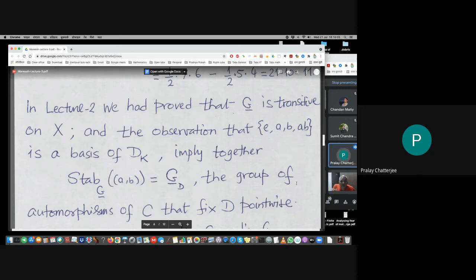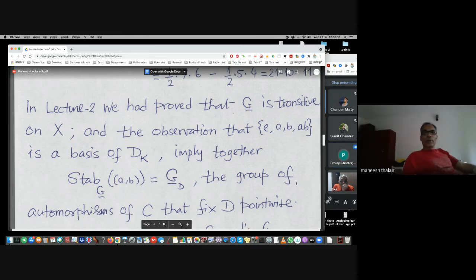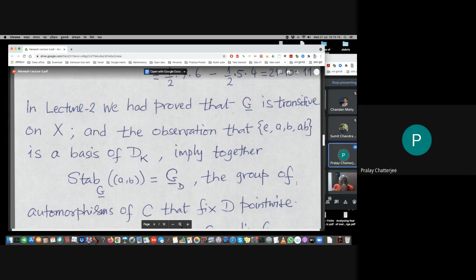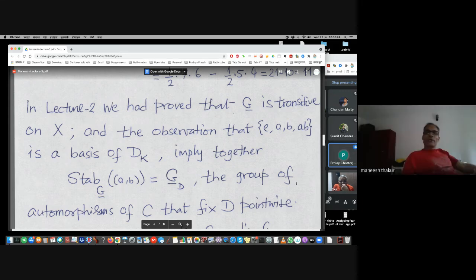Actually this transitivity is proved only at the K bar points level, right? So here I goofed up. This is the notation anyway. Yes, transitivity is on K bar points. If you have K points non-empty, then of course you take two lambda, mu pairs, then you can find an automorphism mapping one to the other.